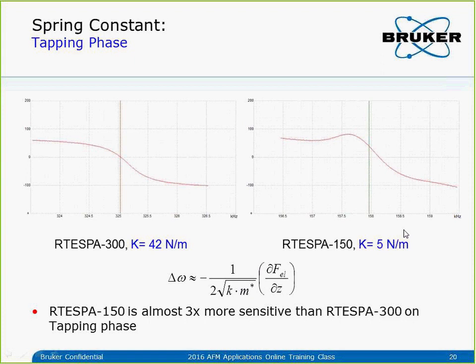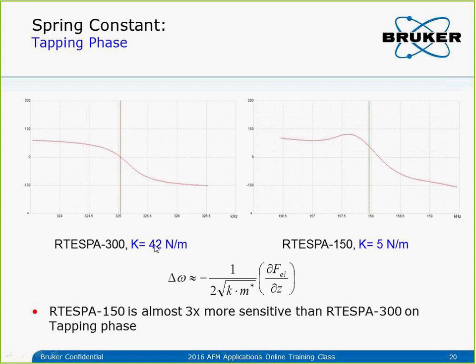So much softer, right? And if we look at the tuning curve, phase versus frequency, they have a similar slope. You can see the scale for both cantilevers is the same. For both, the vertical is the phase in degrees, and the lateral is frequency, and each division in the frequency is 0.5 kilohertz. The slope is similar. So this means if I shift the frequency more, then I'll get a better contrast in the phase, right?